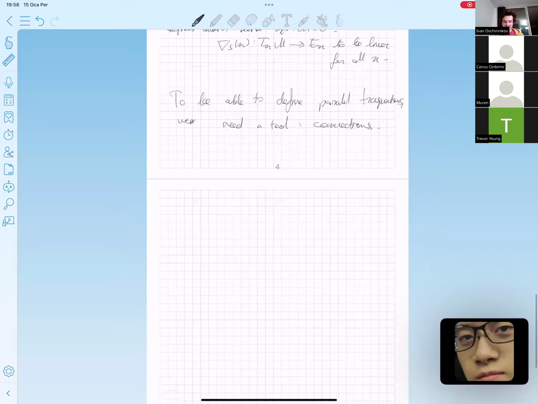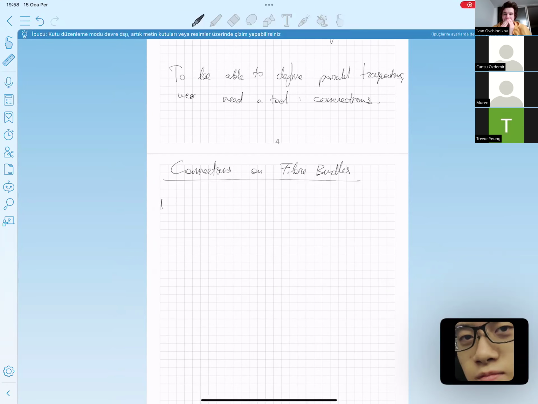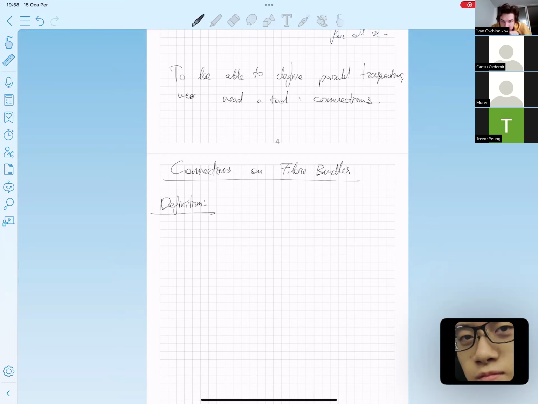So now the second half, connections on the fiber bundles. Definition. And now we're gonna define the vertical bundle. Let pi from E to M be a fiber bundle.